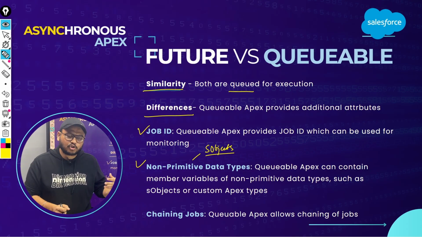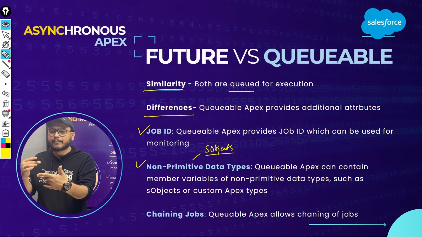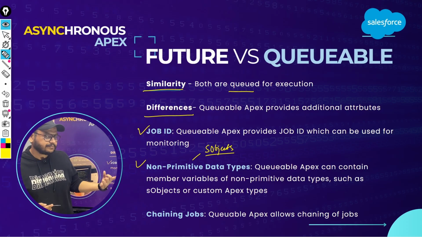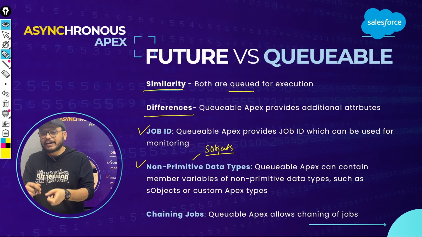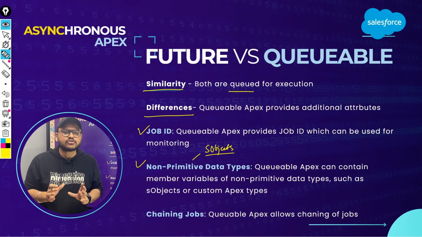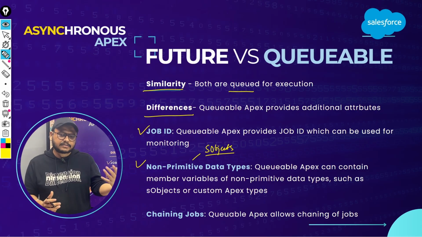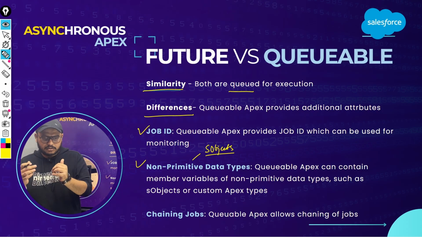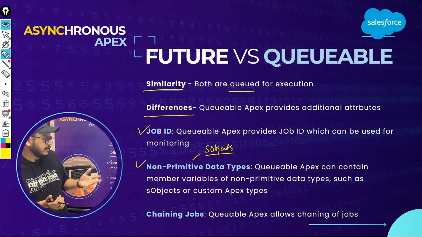In Queueable Apex, when the system resources are available and the execution is about to happen, it is going to run the query, get the latest value of the record, and then work on that particular record. That is the reason why the challenge of using only primitive data types as parameters does not apply here, and you are free to use non-primitive data types like SObjects.